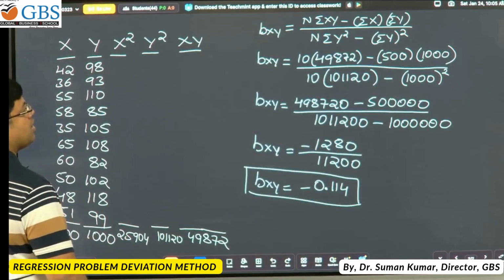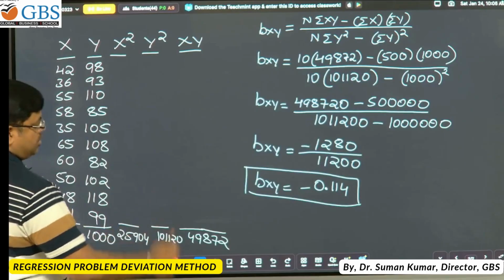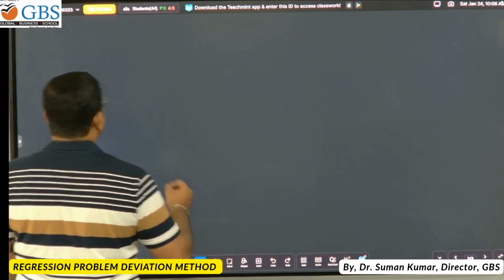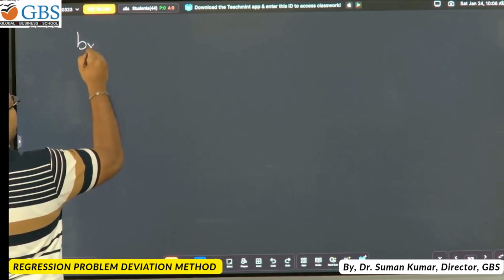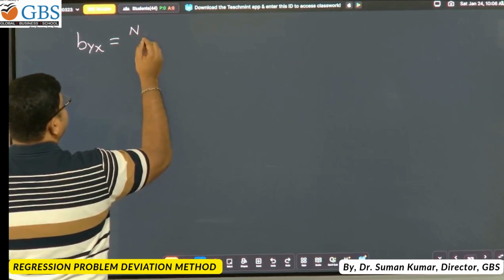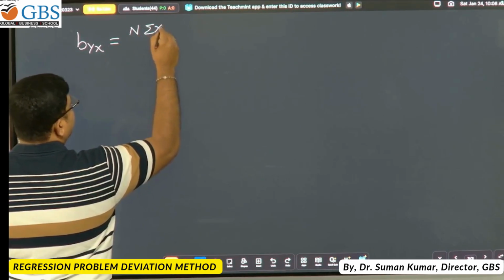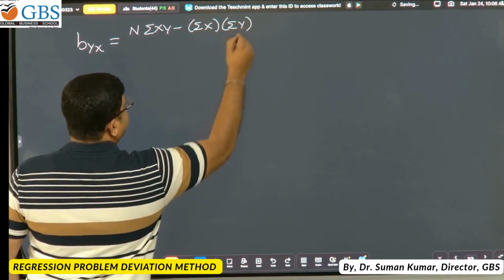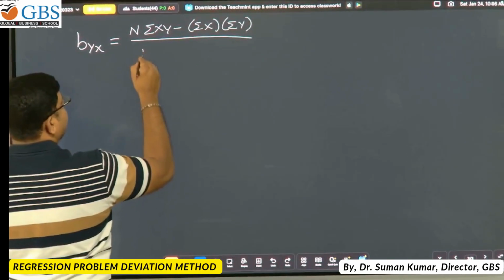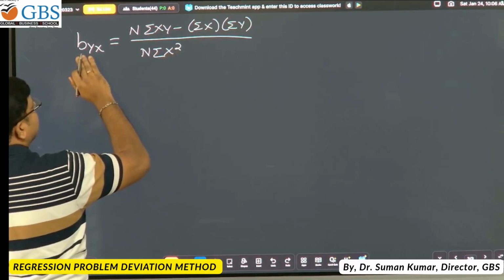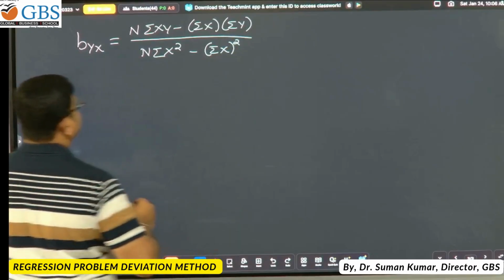Similarly, we have to find out byx. Okay, in next page, byx. First, let me write down the formula. N into summation xy minus summation x into summation y, divided by n into summation x square, because it is y on x, minus summation x whole square.